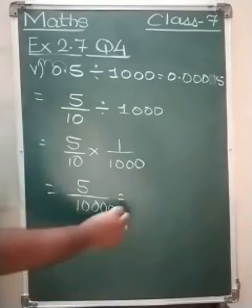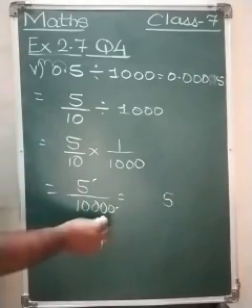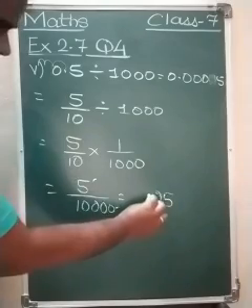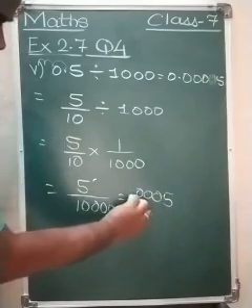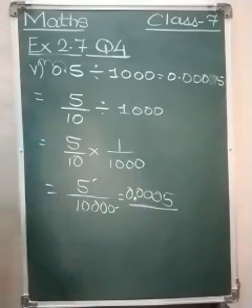So for this 0 we have written 5, no number, and 3 zeros, 1, 2, 3, 1 comes, decimal point, so 0.0005, and the answer is done.